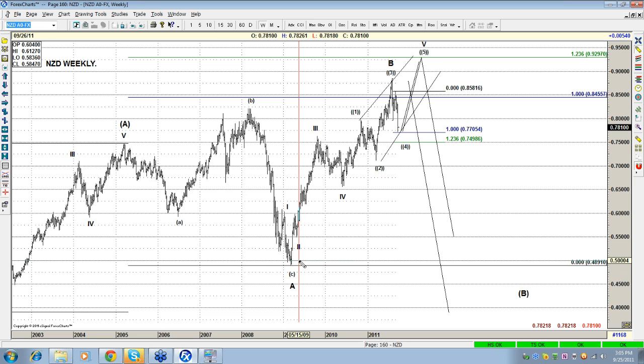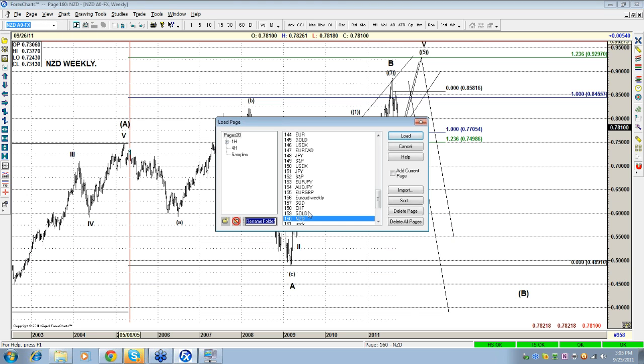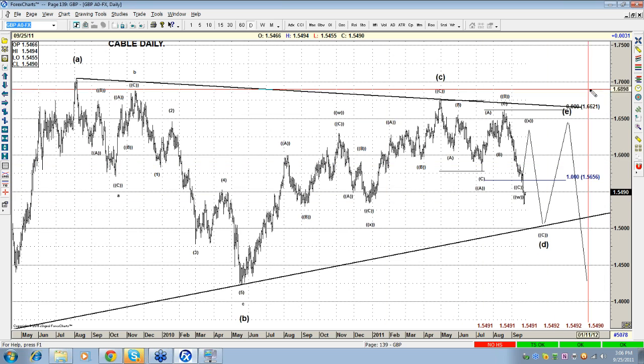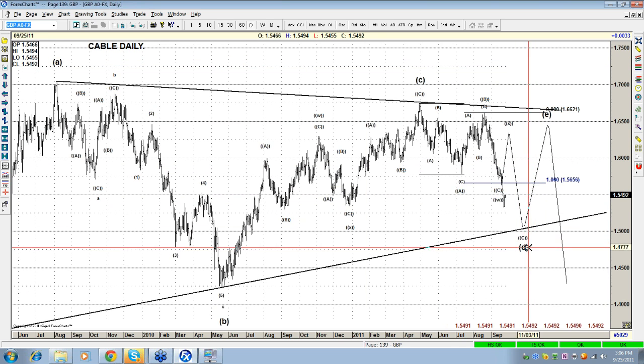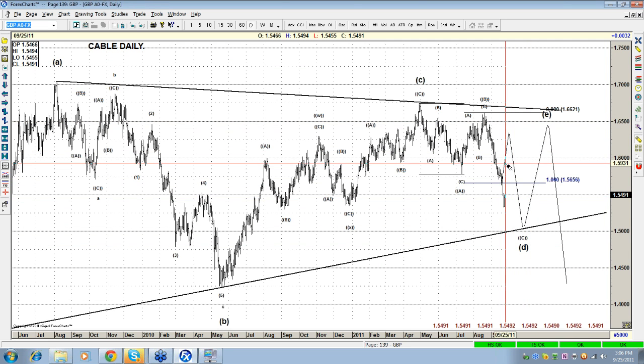Think about it. So now let's go to cable. Cable also is gapping out today. This is cable on the daily. I see people already calling the end of the D wave. Can be the case.